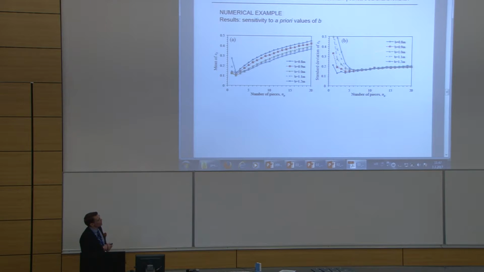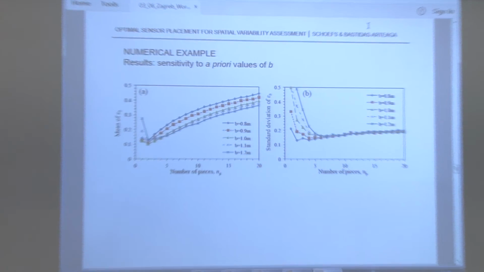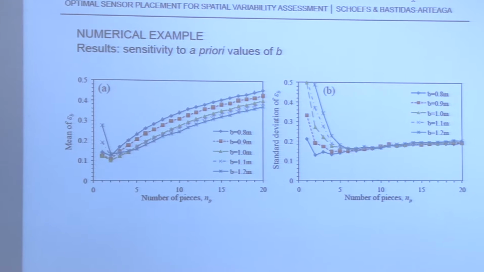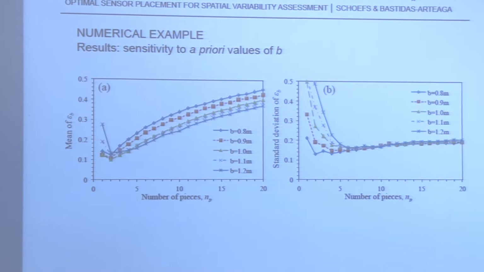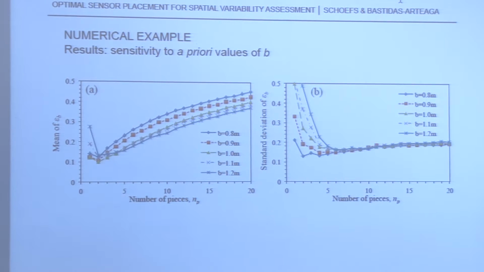Now the objective will be to place the sensors, but we don't know exactly what the spatial correlation of the structure we want to study is, because that's the question we were asking. So, as we do when we have previous information, we have to know the prior information we have on B, and the errors that we made on it.